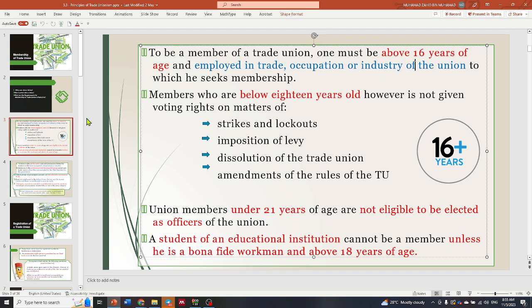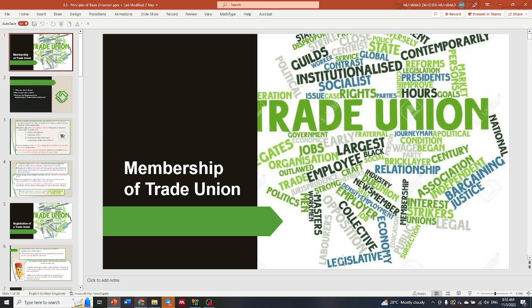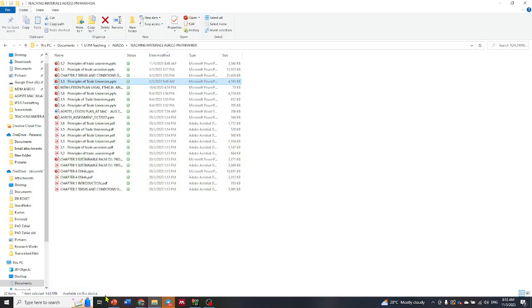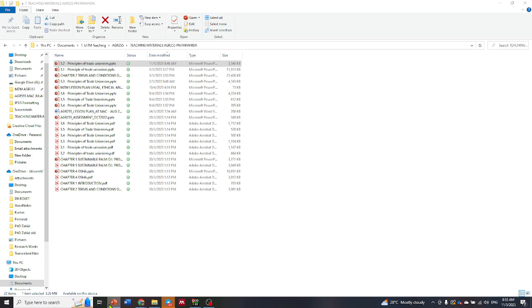Kejap, sebelum saya proceed. Ada soalan tak tentang tadi? Ada siapa-siapa ada soalan tak tadi? Tentang 3.2 tadi? Any questions, students? I think not for now. Not for now. Alright. Yes. Yes question or not for now? Yes. Not for now question.